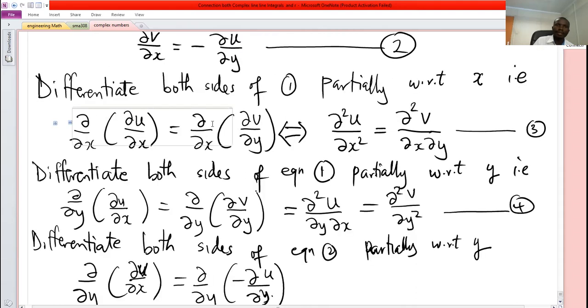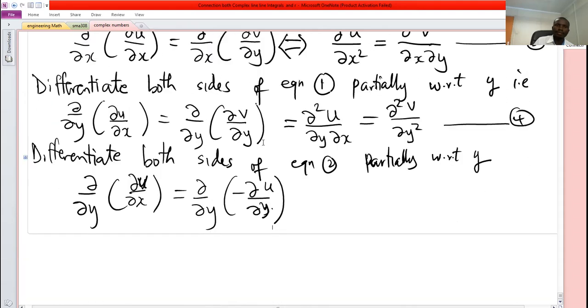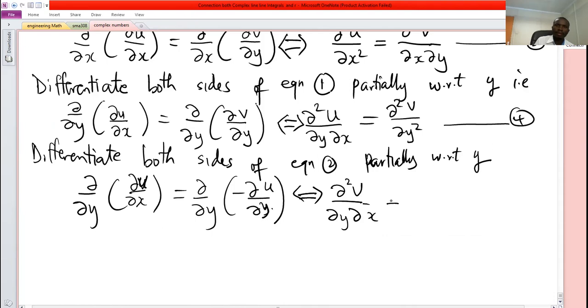So this will be partial squared v partial y partial x equals minus partial squared u partial y squared. Call this one equation 5.